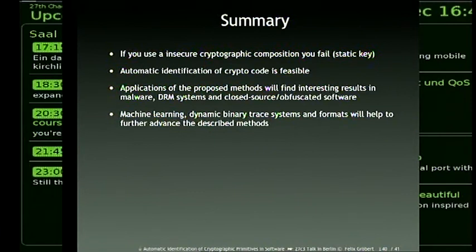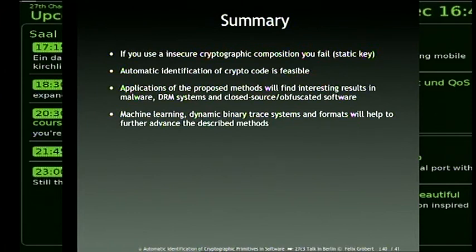So to summarize, if you use a static key, you failed before, but now you fail faster. Because in my opinion, like I showed, the automatic identification of cryptocode is feasible and gets better.